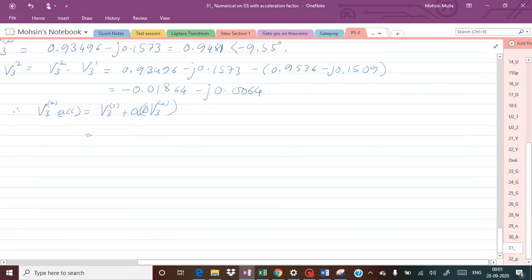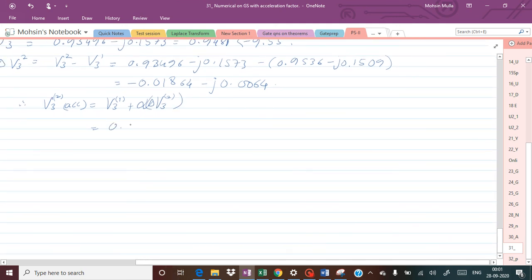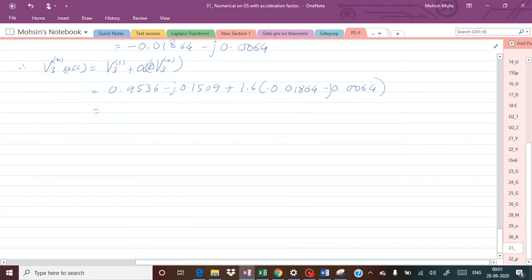So V31 is 0.9536 minus j0.1509 plus 1.6 times minus 0.01864 minus j0.0064. Simplifying this, we will get 0.92377 minus j0.16114.